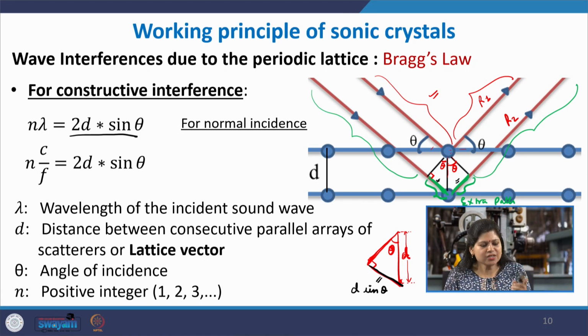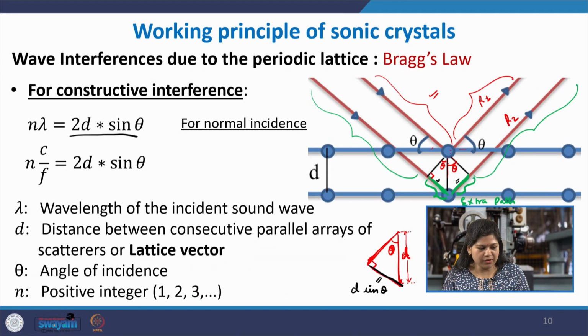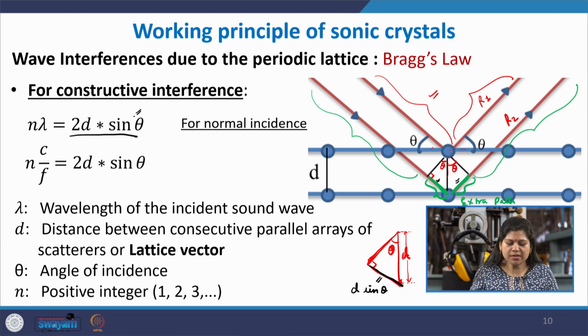This extra path has to be some integral multiple of lambda, so that the waves can constructively interfere, okay. So, this becomes your condition for constructive interference. Here this is for any generic wave with some incidence angle theta. What is lambda? It is c by f, the speed divided by the frequency of the wave, you can replace it with this.